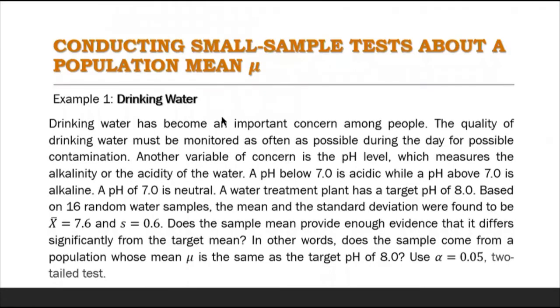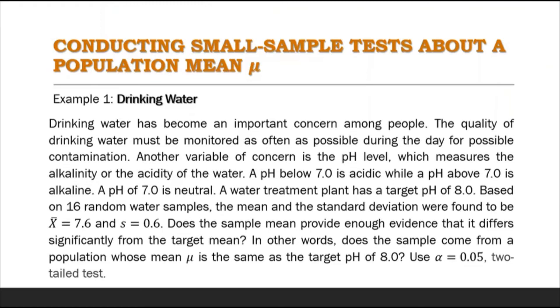Okay, this time we are going to illustrate how to use this small sample test about the population mean by illustrating an example. Sample number 1, drinking water. Drinking water has become an important concern among people. The quality of drinking water must be monitored as often as possible during the day for possible contamination.